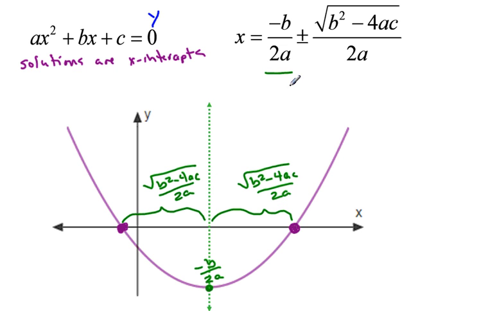So what I want you to see is that negative b over 2a is the middle of the solutions, or it's halfway between the solutions. Let's even write it that way. So negative b over 2a is halfway between the solutions.